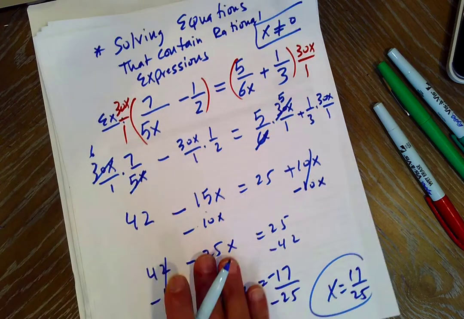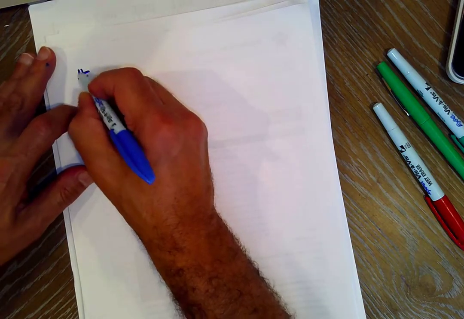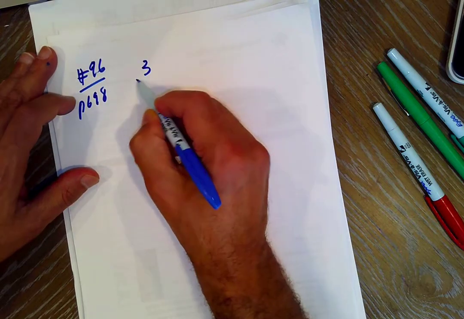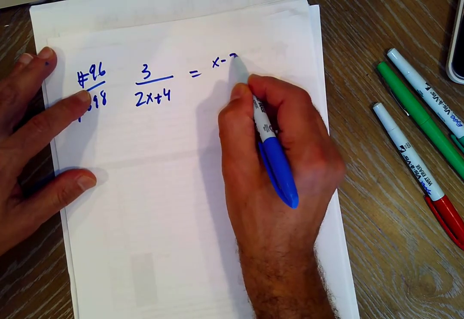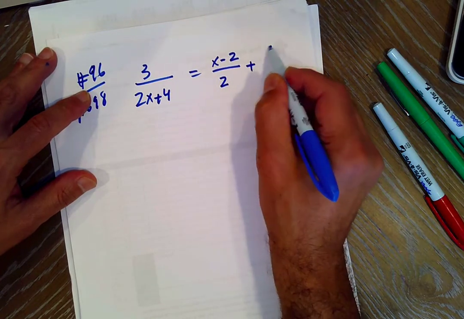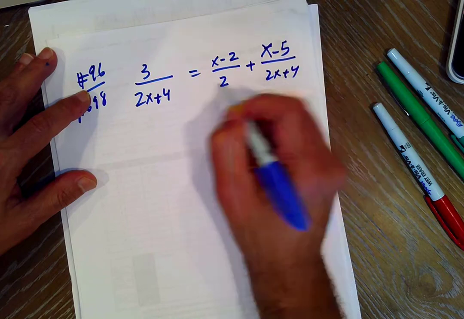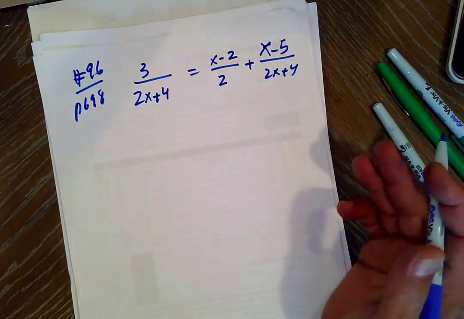Let's look at 96, page 698. 3/(2x + 4) = (x − 2)/2 + (x − 5)/(2x + 4). Since we have an equation, we can multiply by the LCD. If it's an expression, we cannot do that.